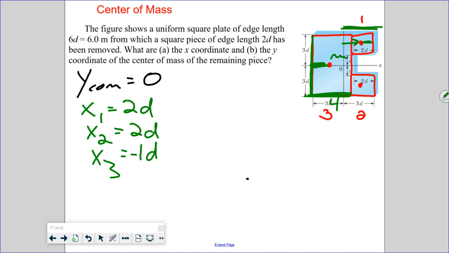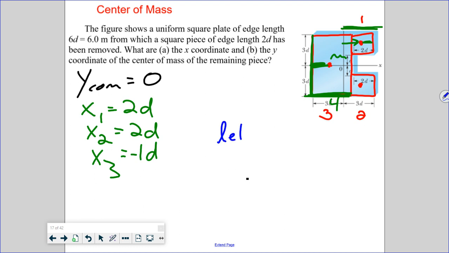All right. Now the next thing we got to worry about is mass, right? Because this thing is uniform, it turns out that the mass is proportional to the area. Twice the area is also going to mean twice the mass. All right. So let's define a new unit of mass.